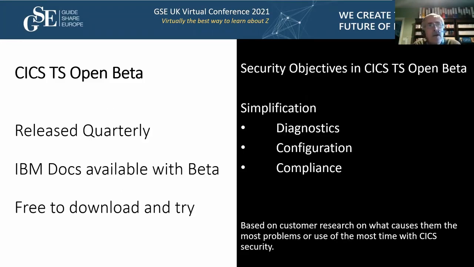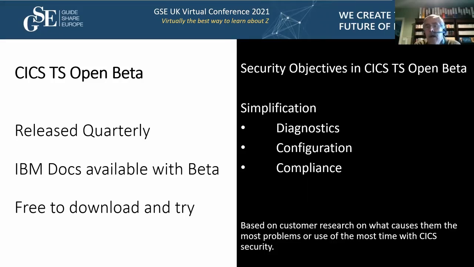Now, for those of you that are unfamiliar with the CICS Open Beta, this is something that we've been doing for the last decade. About every quarter, roughly, we release a version of the Open Beta, and that's a free-to-download and try version of CICS. And it also comes with documentation that you can get on the IBM Docs website talking about the beta.